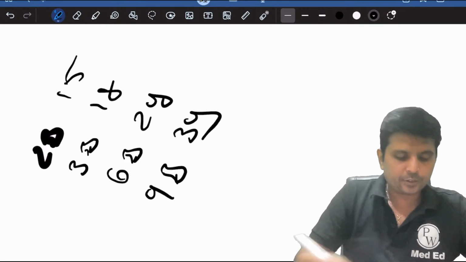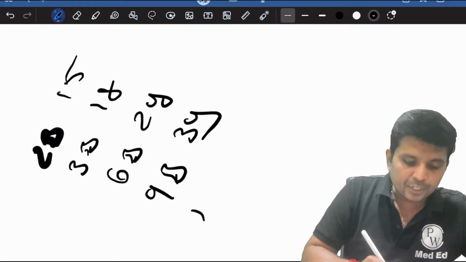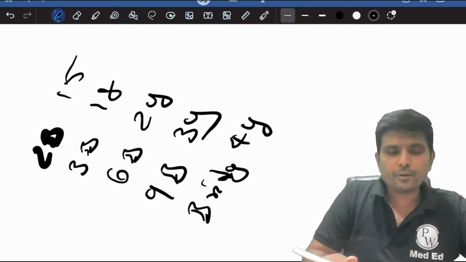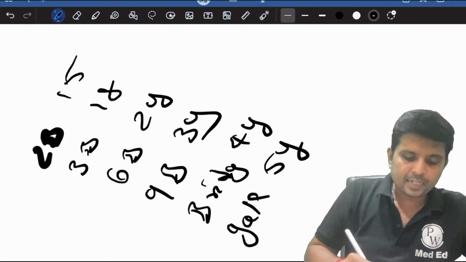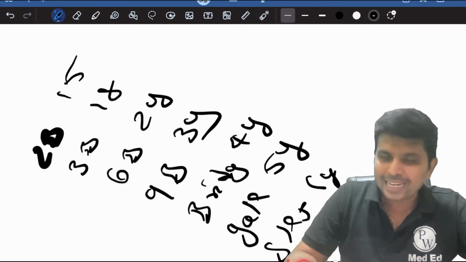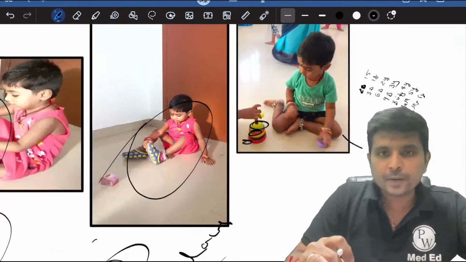And then a bridge by about 4 years. Gate by about 5 years. And then steps by about 6 years. So these are some of the milestones with respect to building blocks.